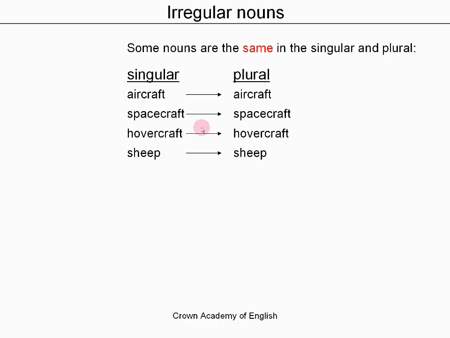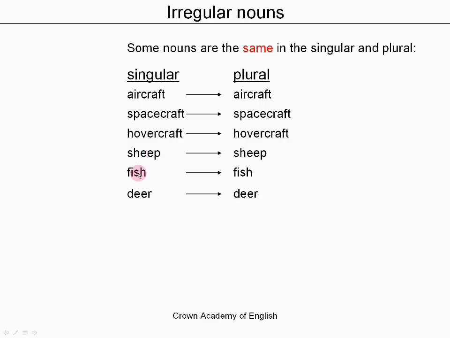Sheep, sheep, so one sheep or three sheep, it's the same. Fish, fish, so you never say fishes, for example, and you never say sheeps. Sheeps would be wrong. Okay, one sheep, two sheep. One fish, two fish. Deer, deer. So these are all animals here.